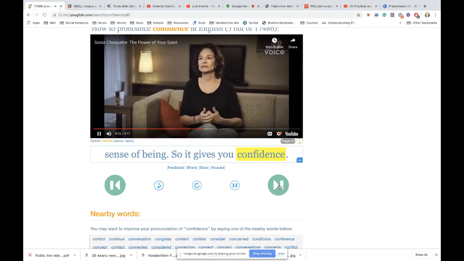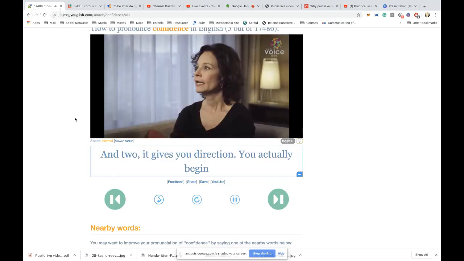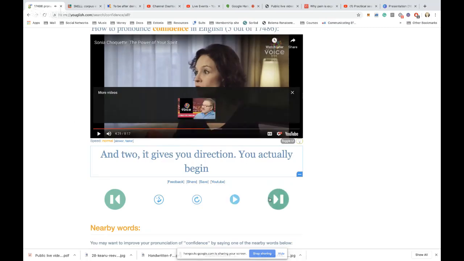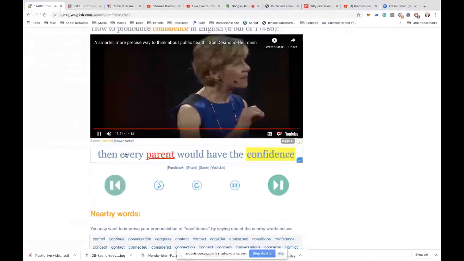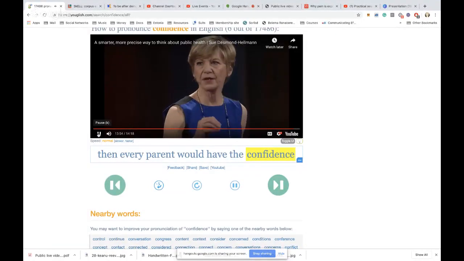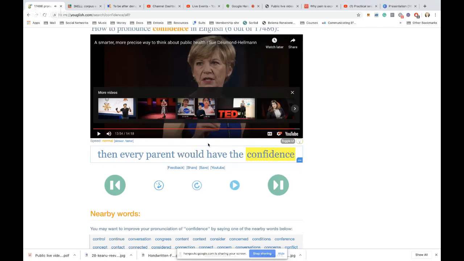Deeper sense of being, so it gives you confidence. It's a good one, another one. Give, again. So you can say, then every parent would have the confidence. And again, if you're a non-native speaker, pay attention to this. Let's look at this example before.